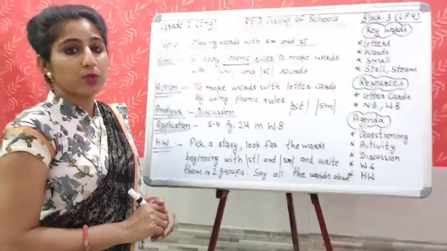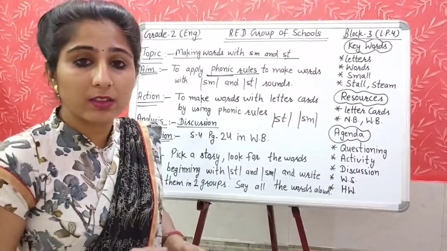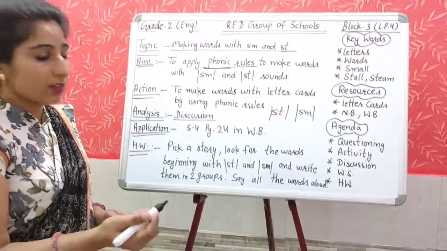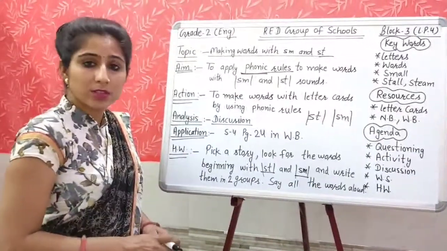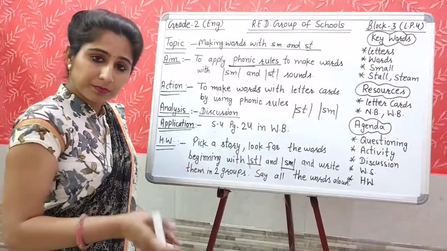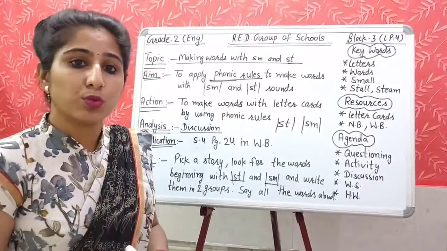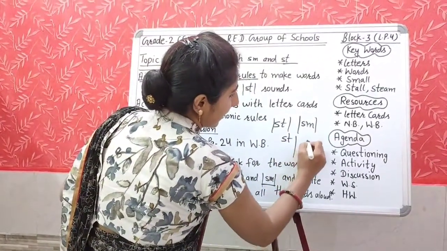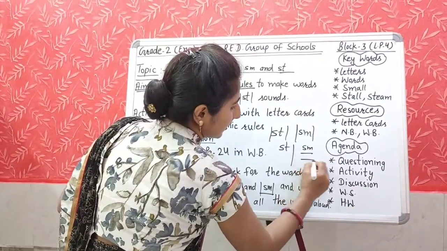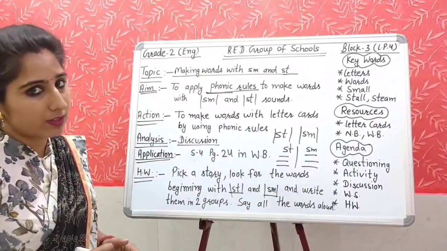You will read that story and find the words that start with ST and SM sound, and you will sort out those words into 2 groups. Like ST words you will write this side and SM words you will write this side. From the story you will find these words.